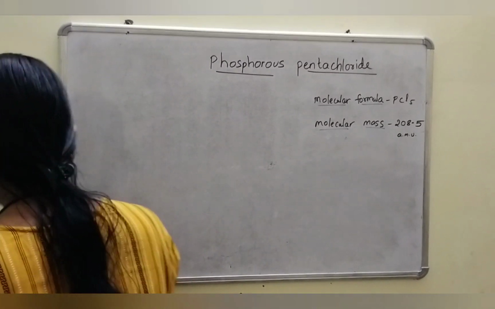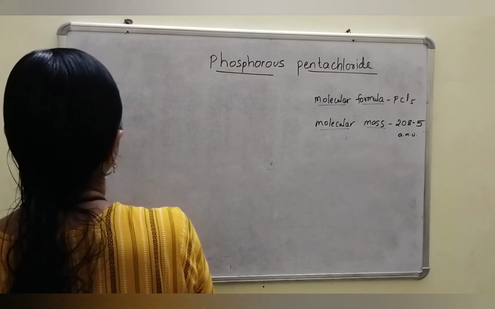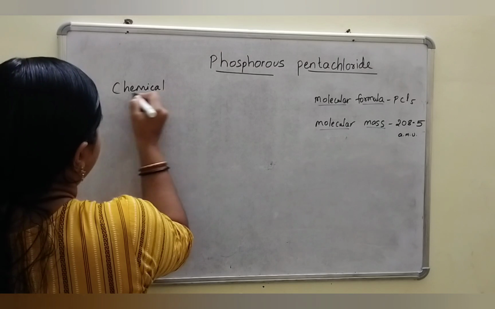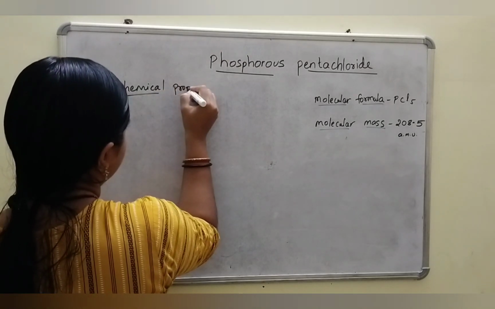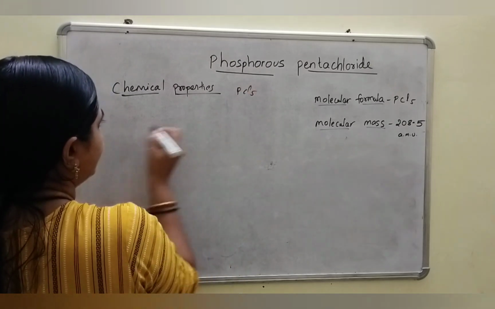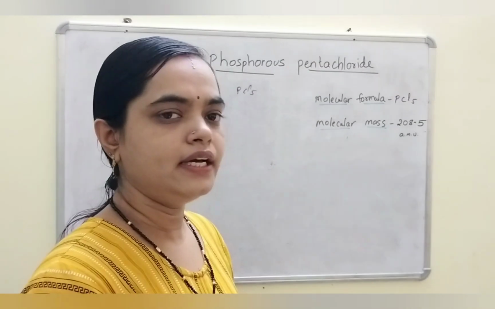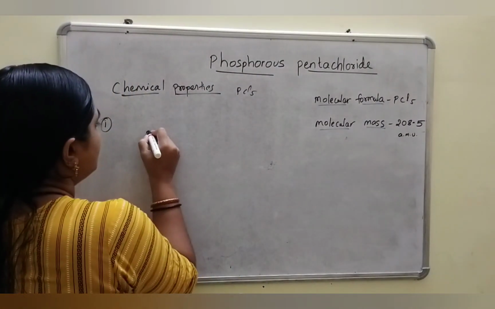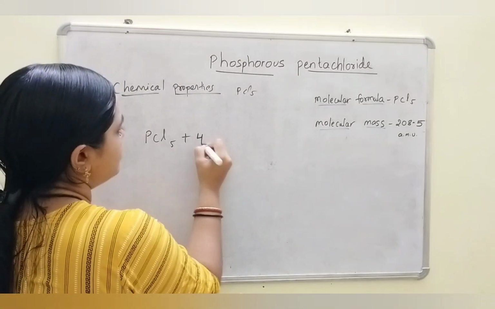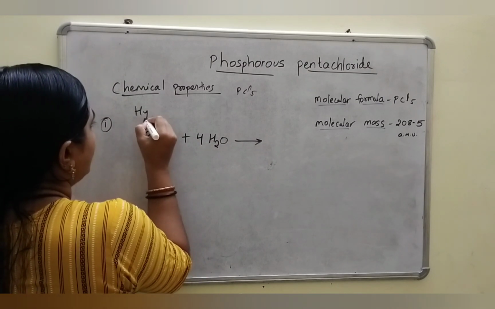Next, see the chemical properties of phosphorus pentachloride. What are the chemical properties? The first chemical property is when phosphorus pentachloride hydrolyzes, that means combines with 4 molecules of water. Hydrolysis.